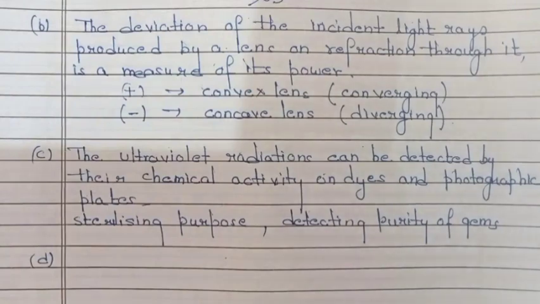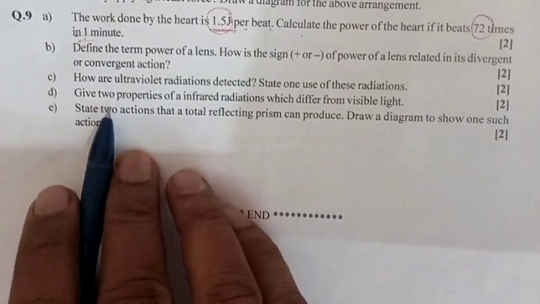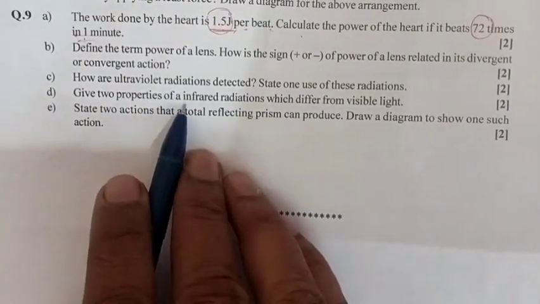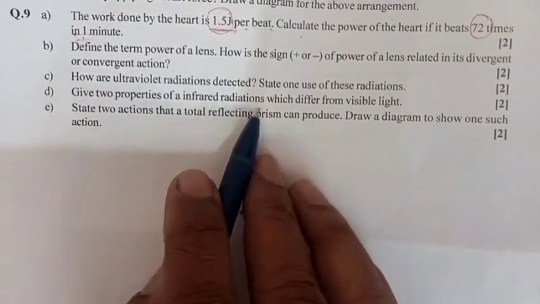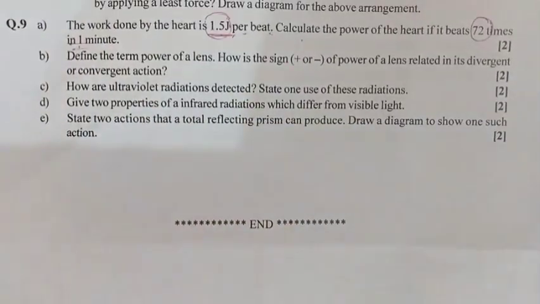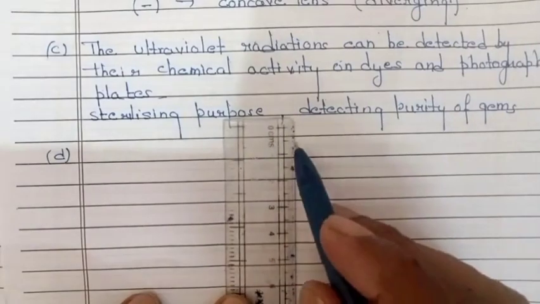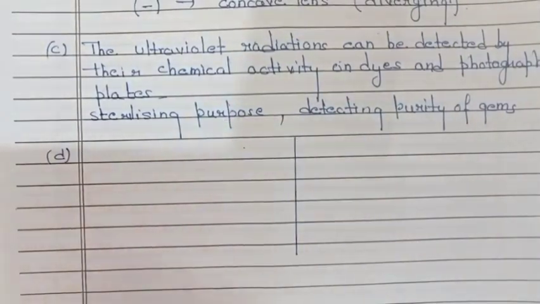Now the D part says give two properties of infrared radiations which are different from visible light. You have to give two properties which are different from visible light. Okay, so let's give the two differences between these two.